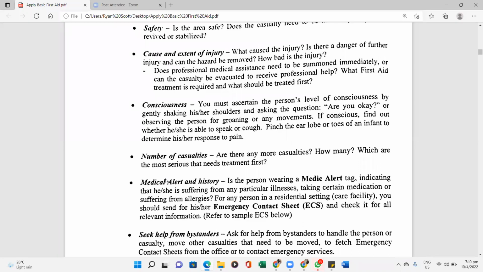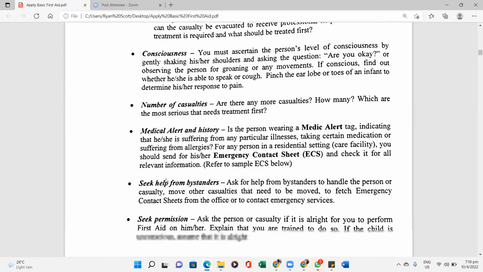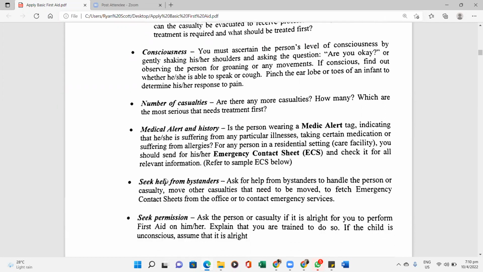Then your medical alert and history. The medical alert would be, you would call for help, call for the ambulance, call for the emergency contact sheet. That's what they call it, okay? They're going to show you a sample of the emergency contact sheet.